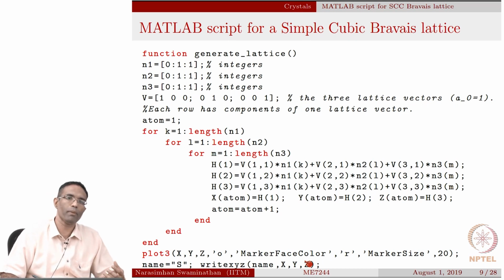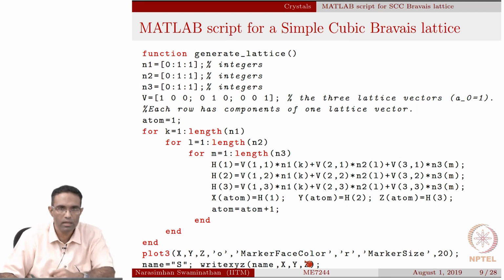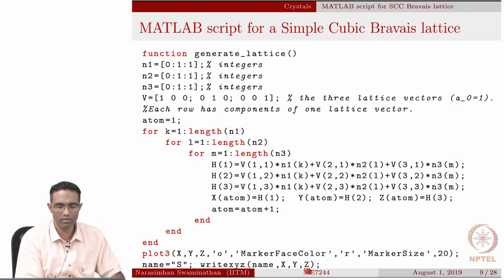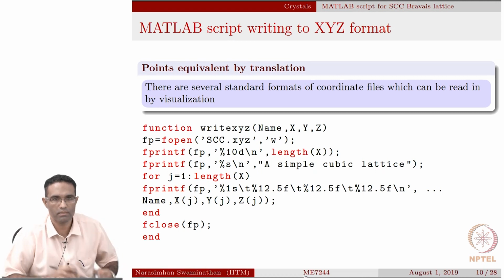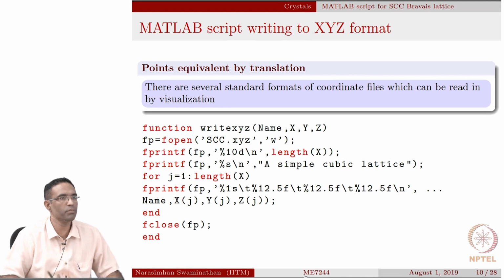One such file format that is read by several codes is called the XYZ format, which is one of the simplest formats. There is a small function which I am calling here, which will take a character called name, the corresponding x coordinates, y coordinates and z coordinates, and it is going to write out the XYZ file for this simple cubic structure.